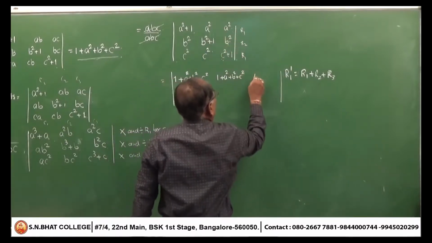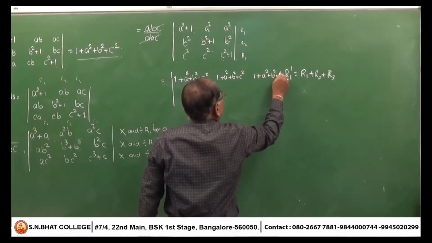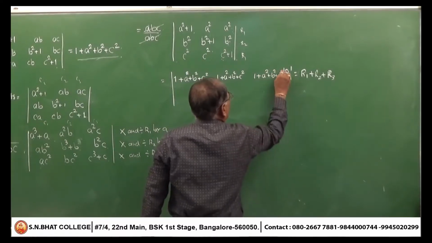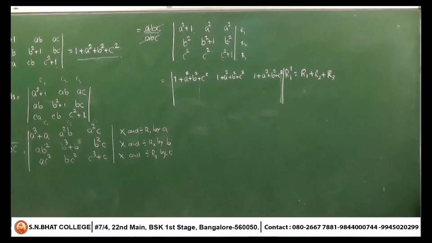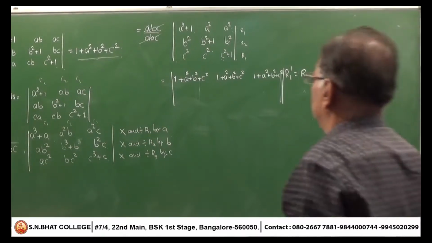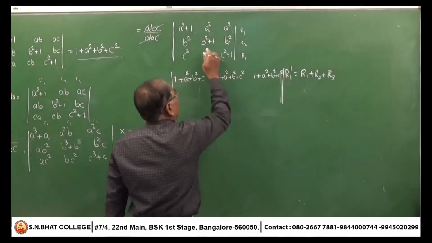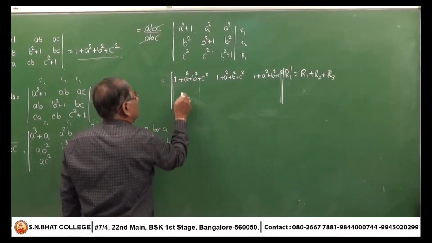If you add all the 3 rows, 1 plus A square plus B square plus C square. R1 dash is R1 plus R2 plus R3. Adding row wise, write it in R1 line. See, I have changed only R1. I have not touched R2 and R3. Write R2 and R3 as it is.